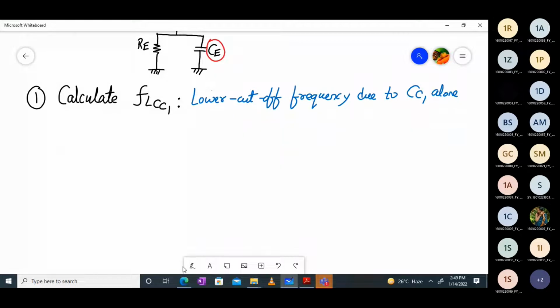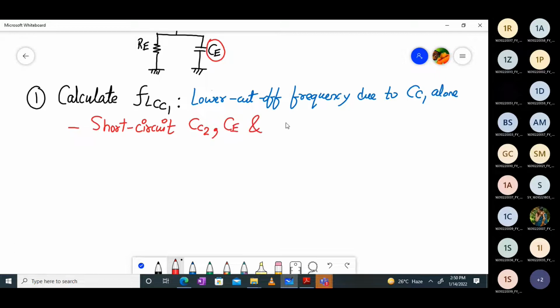For this, we have to adopt a certain rule. So what is the rule over here? The rule is we have to short circuit. Since we are considering the lower cutoff frequency due to input coupling capacitor CC1 alone, we have to short circuit CC2, capacitor CE, and the input voltage source Vs. This is the rule which we have to follow.